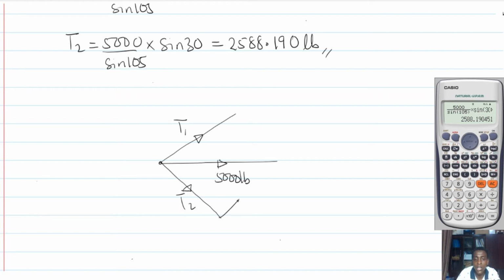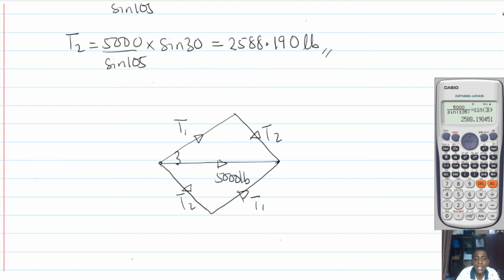So I will just join this side to this side, and then I will join this side to this side. I didn't draw the parallelogram well. Okay, so I will join this side, something like this. So T1 is here, and then T2 is also here.